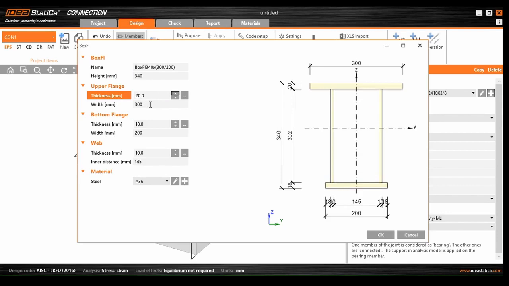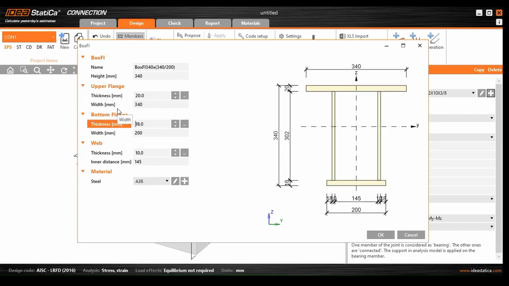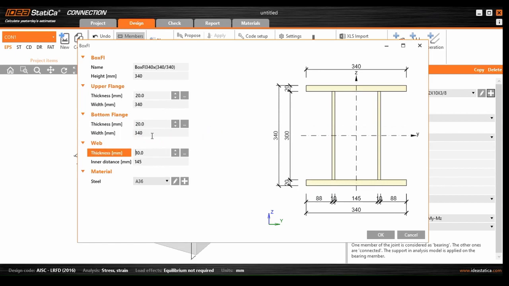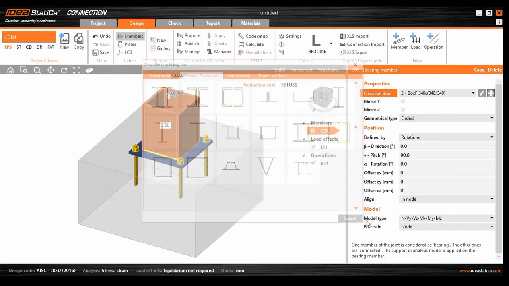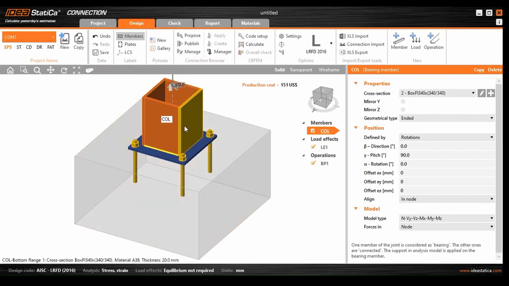The width of the upper flange is 340 as well. The bottom flange is similar to the upper flange. I give it the same numbers, and the thickness of the web is also 20, and the inner distance of these two webs is around 300. Then click OK. As you see, the column is changed to what we determined earlier.